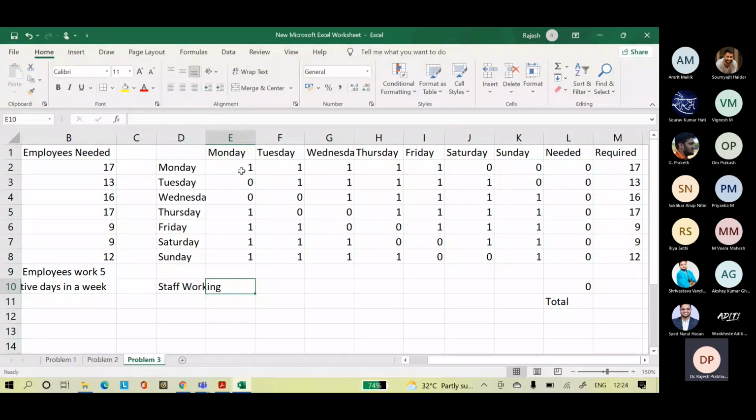So how many staff are working on Monday? 17 plus 17, 34, 43, 52, 64. Then 17 plus 13, 30, 30 plus 9, 39, 48, 60.